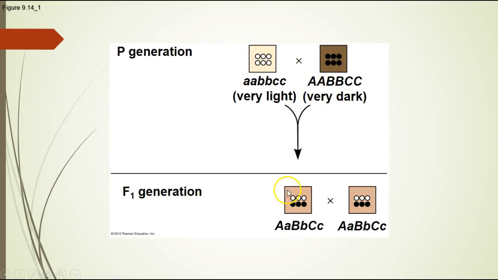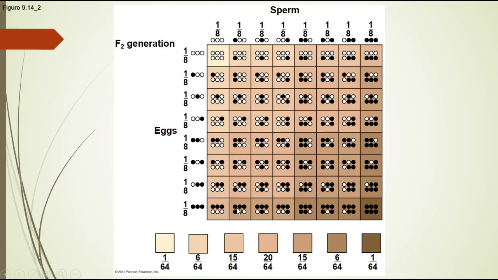When they're crossed together, the offspring that are heterozygous for all 3 genes would have an intermediate color of skin in between. And so here's what you see when you cross them all together. You have a total of 64 possible combinations, so you end up with 64 total crosses here.